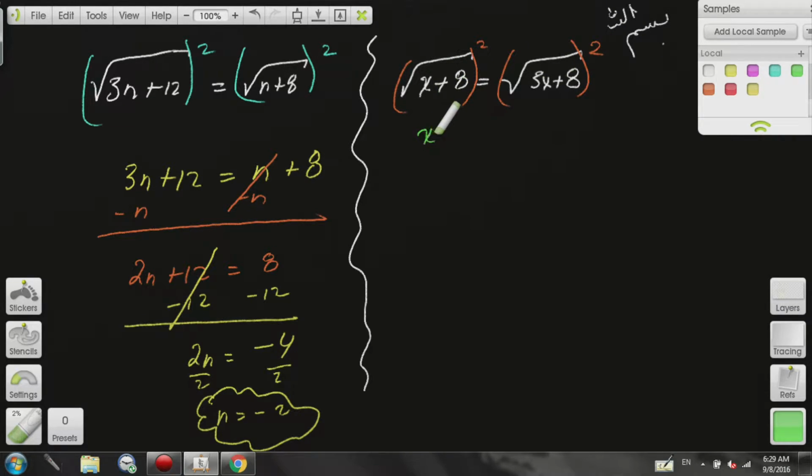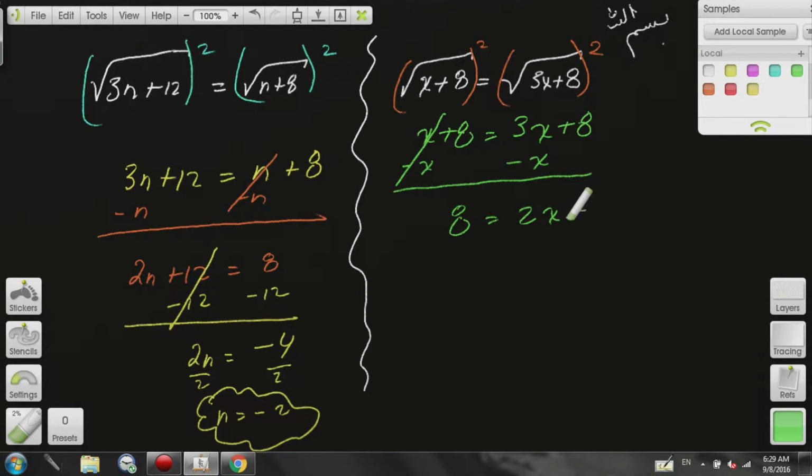So then I get x plus 8 equals 3x plus 8. I subtract x from both sides because you want the variables to be together. And then I subtract 8 from both sides. I get 0 equals 2x. And I divide both sides by 2.